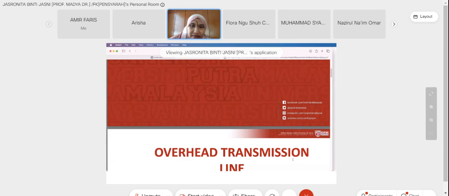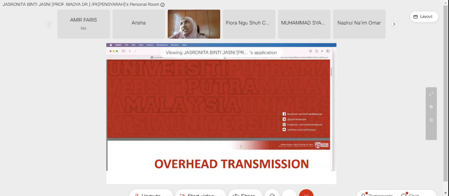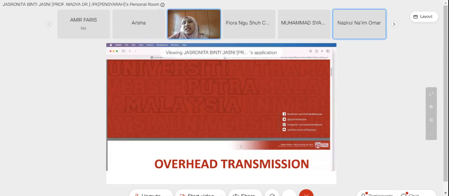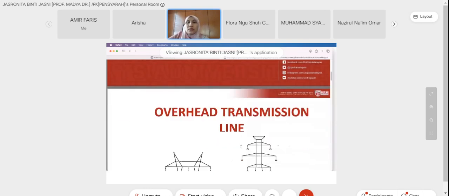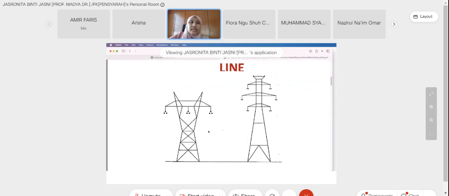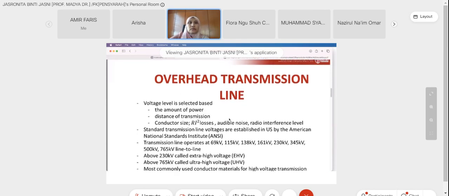The type of transmission line: we have the overhead and underground. Underground cable and overhead transmission line. So this is a normal transmission line that we can see around us. This is the two types of it. One is like this, the arrangement of the three-phase line is like this, and another one is like this. Okay, this represents the three-phase.